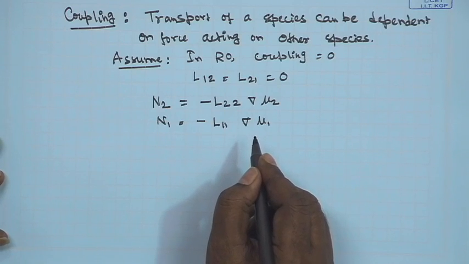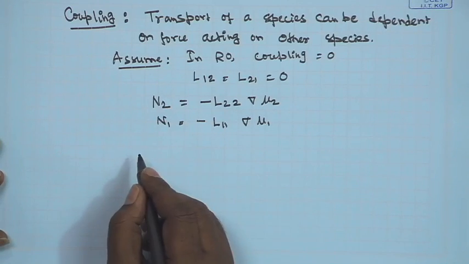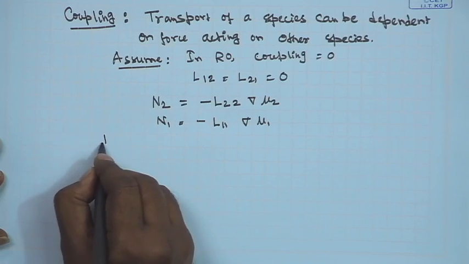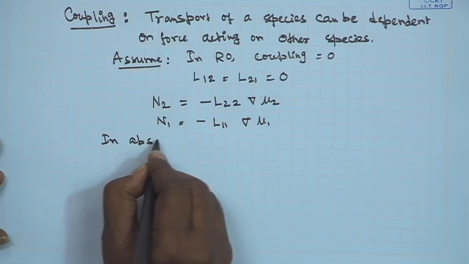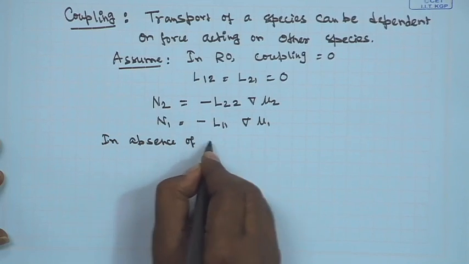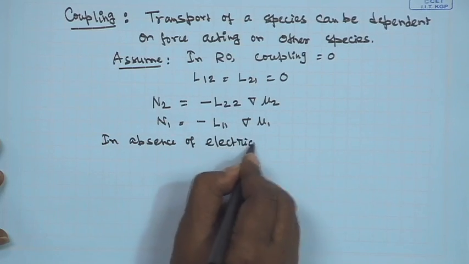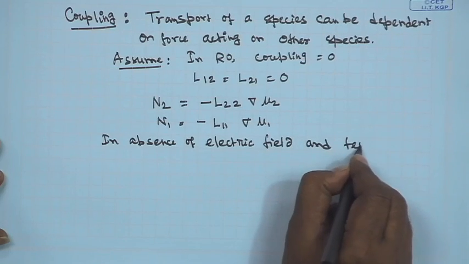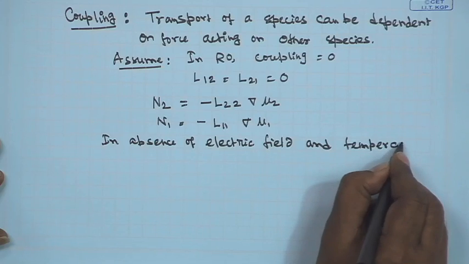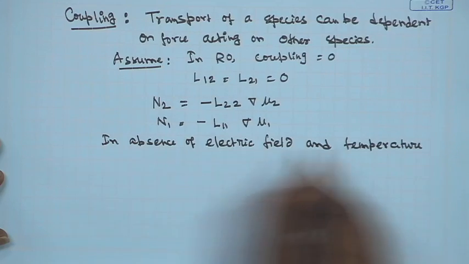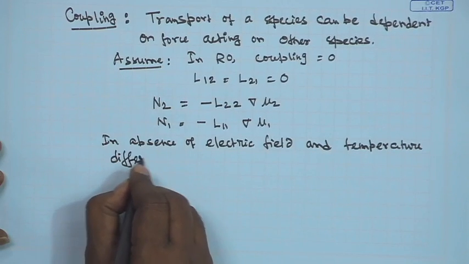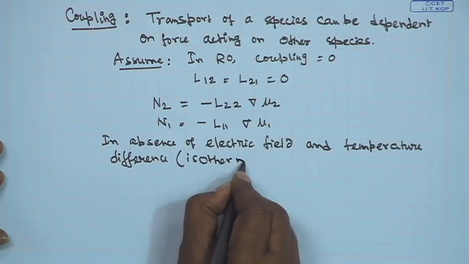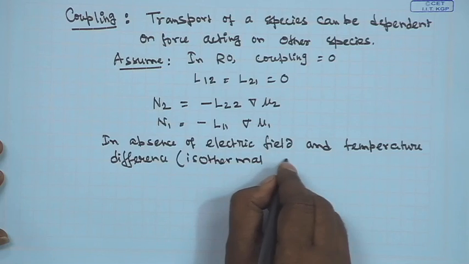Now, the gradient of chemical potential is described in the absence of electric field and temperature difference, because most of the membrane separation processes occur under isothermal conditions. Absence of temperature difference means it is basically an isothermal situation. We are dealing with an isothermal situation.